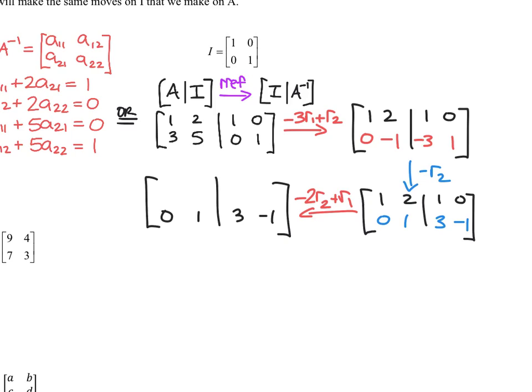So 1, 0, and I'm sorry, multiply 3 by -2, you get -6 plus 1 is -5. And then 2. I don't know, hopefully that's what the calculator said.